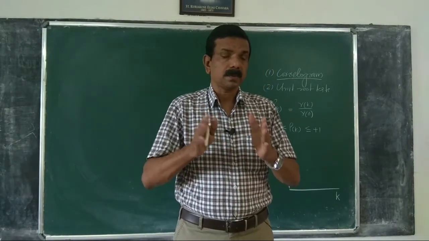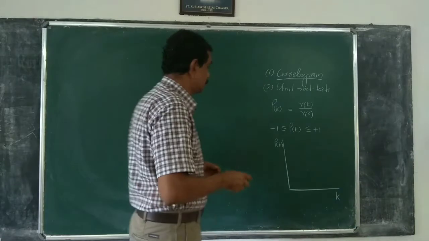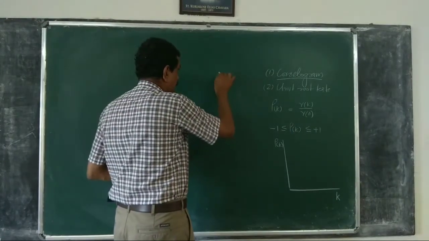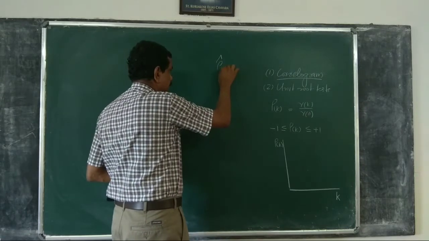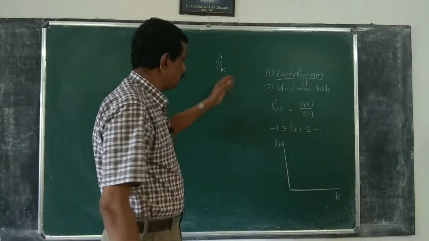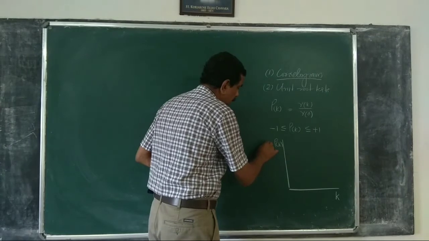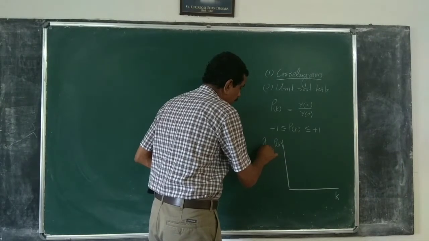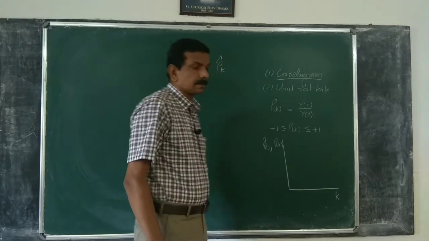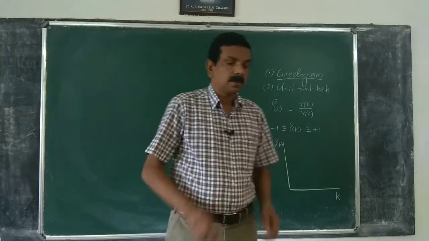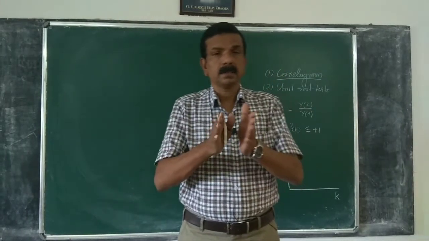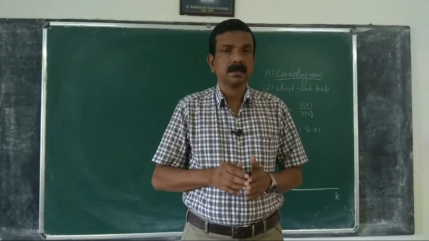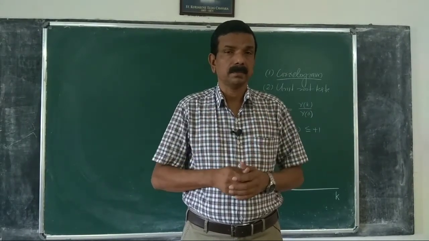So what we plot is the sample correlogram. That is, from a given realization, we calculate rho hat k, and this rho hat k is plotted against k. When we plot rho hat k against k, we define what is known as the sample correlogram.